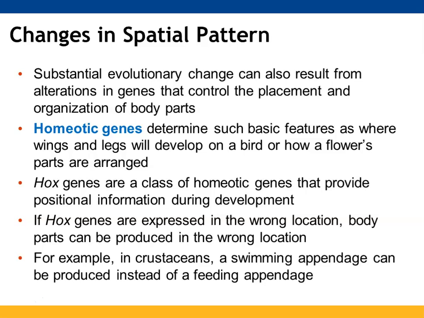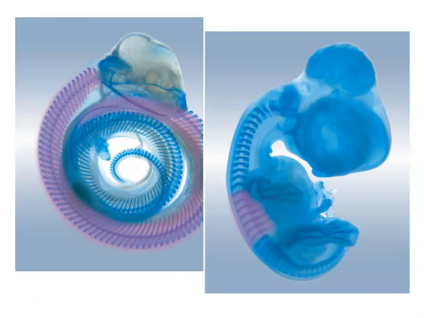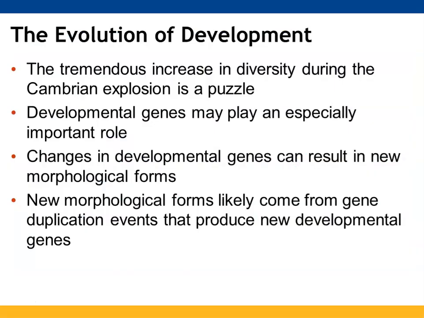Hox genes are specifically a class of these homeotic genes that provide some positional information during development. And if they get expressed in the wrong location, you can have body parts attached to the wrong location. So here with crustaceans, you could have a swimming appendage produced instead of a feeding appendage. So we need to make sure that those are being regulated properly.